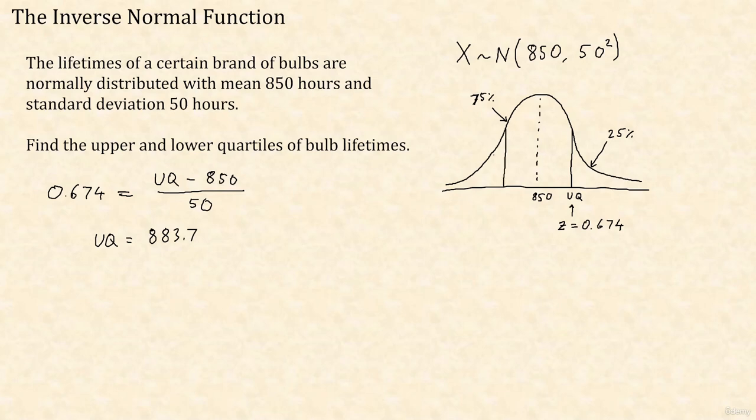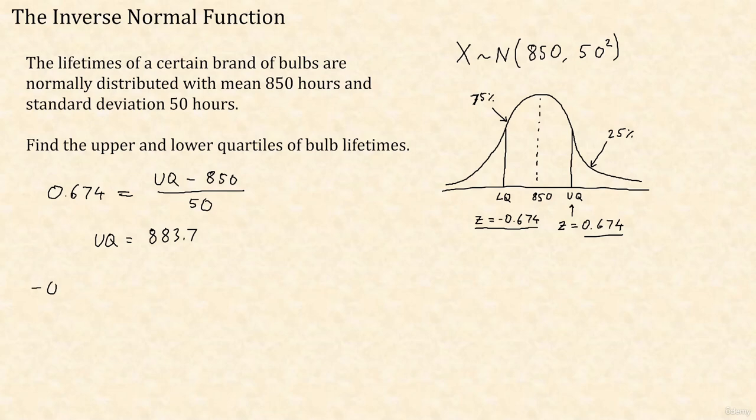Now, we could do the lower quartile from scratch as well, but actually we've got a nice shortcut. Because of the symmetry of the normal distribution, the lower quartile will have a Z value which is precisely the negative of the upper quartile. The reason for that is that 0.674 tells you go 0.674 standard deviations above the mean to get to the upper quartile. Well, therefore, you must go the same amount below the mean to get to the lower quartile.